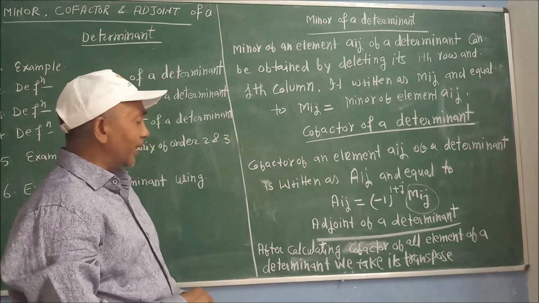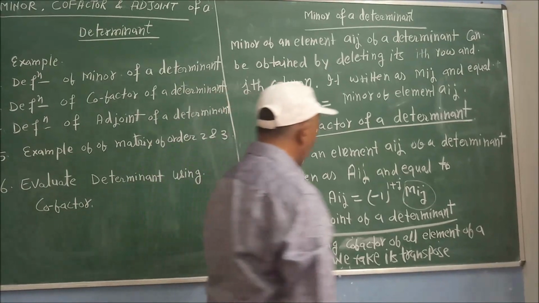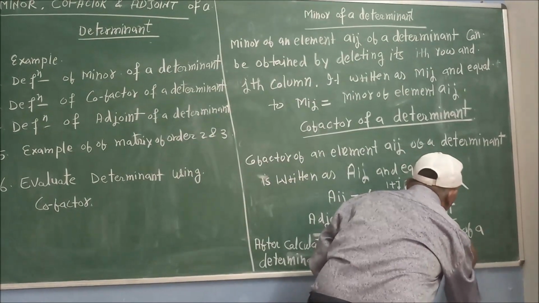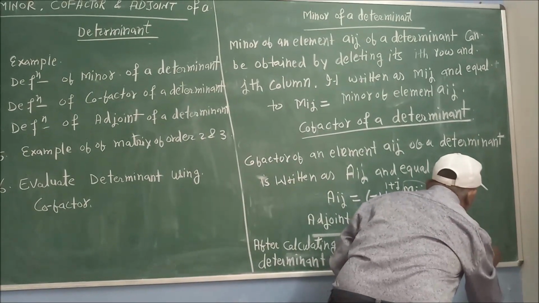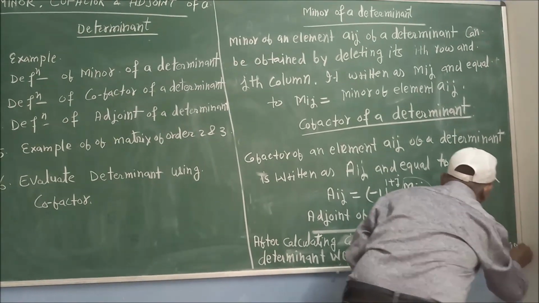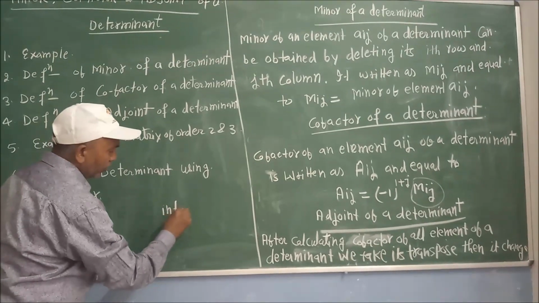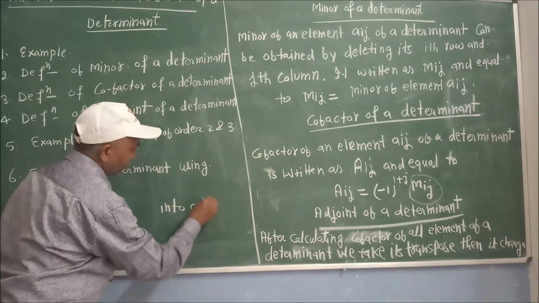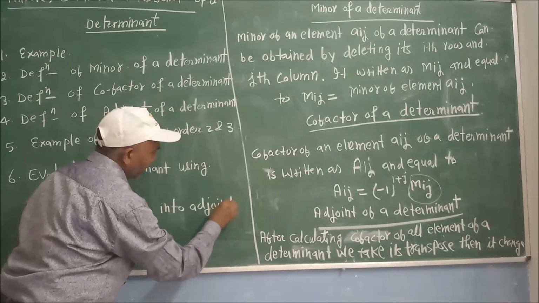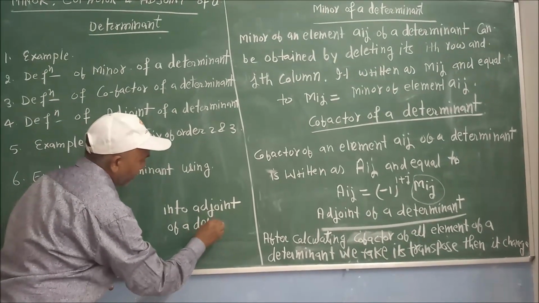After calculating cofactor of all elements of a determinant, we take its transpose, then it changes into adjoint of a determinant.